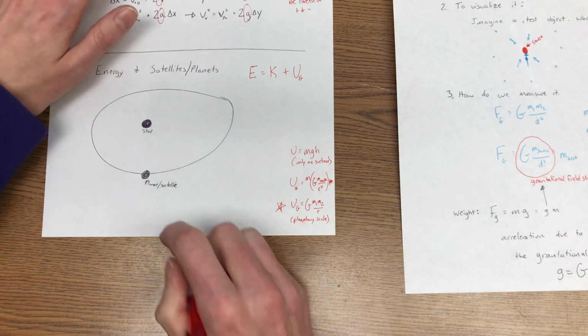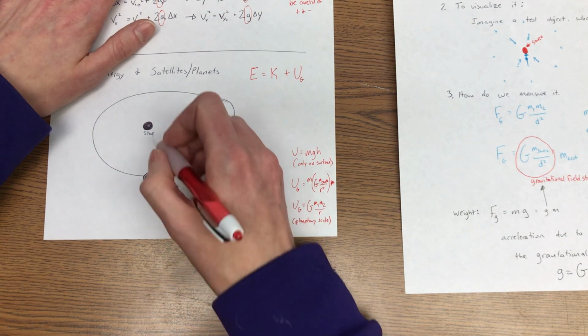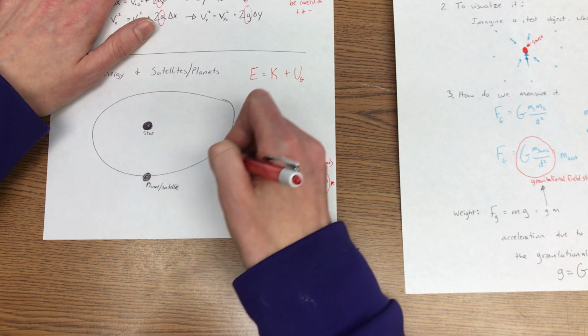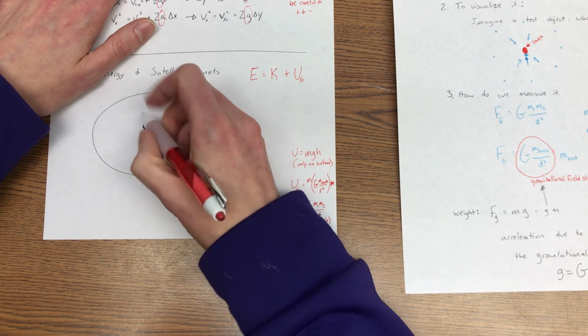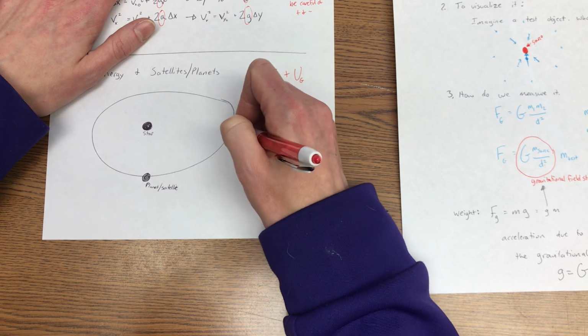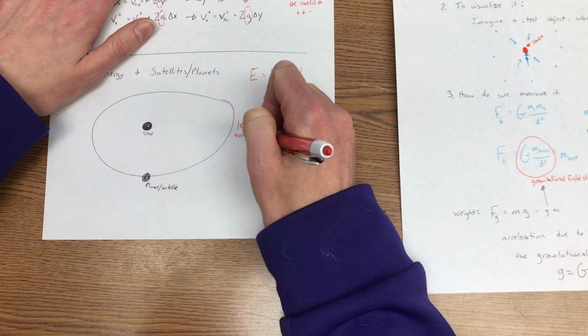Okay, so when we look at this here, as we move out, it's going to look a little bit weird, but we're still going to be doing the same thing. With the kinetic energy, as it's coming out here, it slows down, so there's less kinetic and more gravitational.